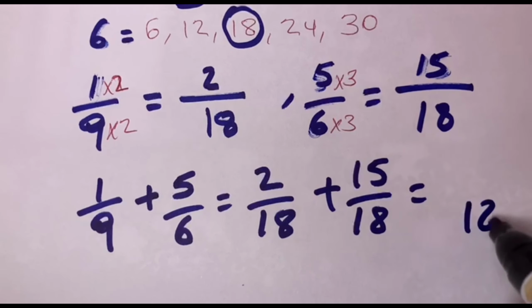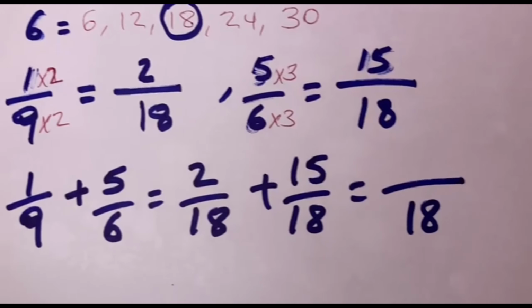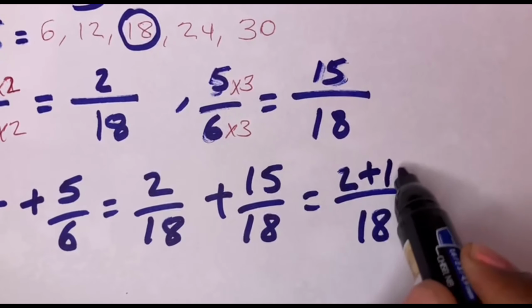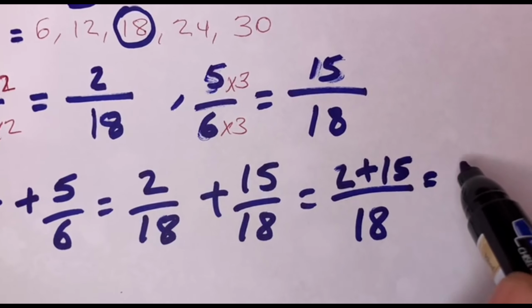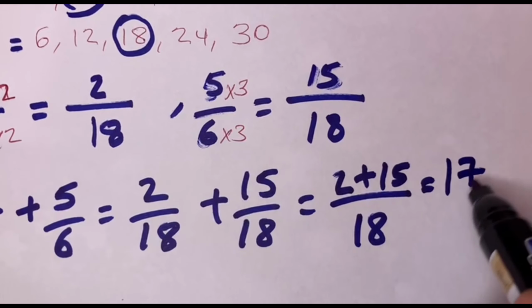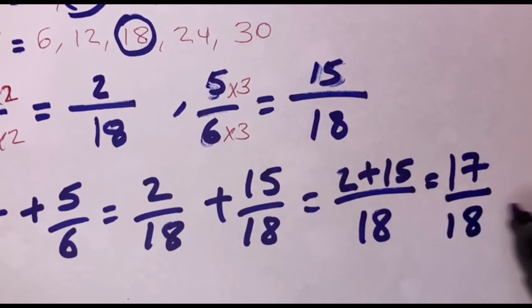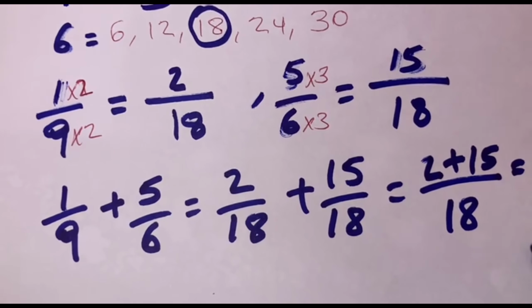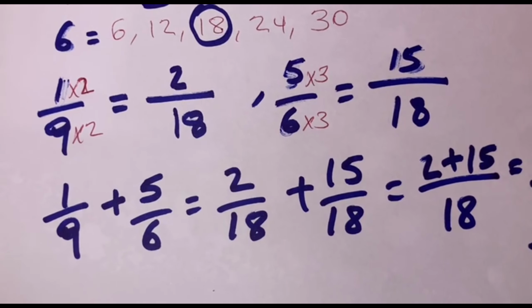So take one of them, then add the numbers at the top. 2 plus 15 is 17 over 18. So the addition of 1 over 9 plus 5 over 6 will be 17 over 18. Okay, next example will be 6 over 7 and 1 over 3.